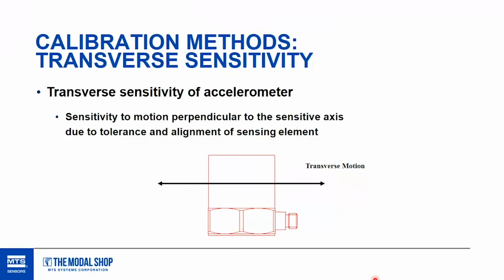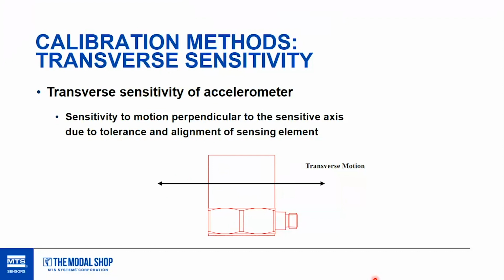And why transverse motion matters is because this sensor, although it is designed to measure only in the vertical direction, actually has some output, some voltage output or charge output, when it's moved in that transverse direction.